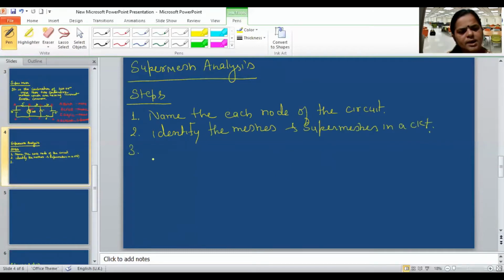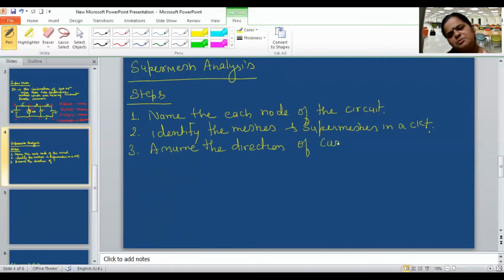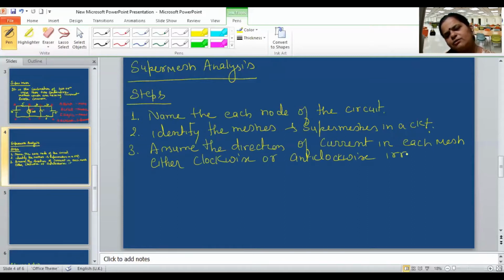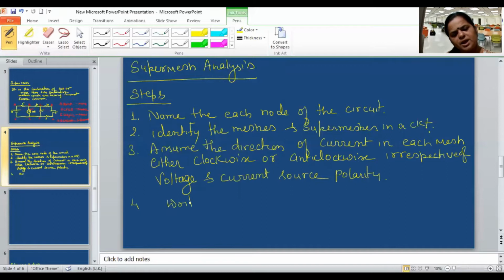The third thing is to assume the direction of current in each mesh, either clockwise or anti-clockwise, irrespective of voltage and current source polarity. Then write the KVL for each mesh and supermesh.